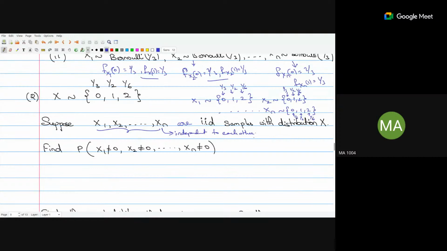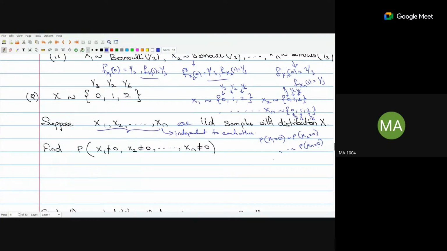Now you see the probability that x1 equals 0 equals the probability that x2 equals 0 and so on, equals the probability that xn equals 0. Similarly, the probability that x1 equals 1 equals the probability that x2 equals 1, x3 equals 1 and so on, xn equals 1. And the last one also, the probability that x1 equals 2 equals the probability that x2 equals 2 and so on.